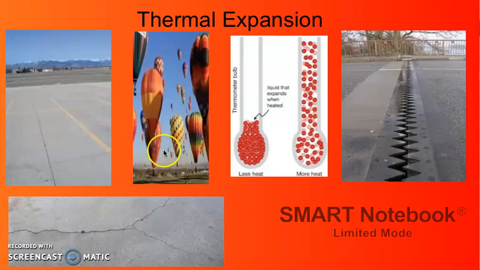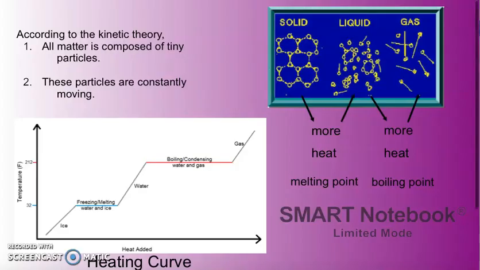So before the fire is lit and before the hot air is added to the balloon, it is more dense, but it is less dense whenever you add heat to it. And what that does is all the air around it suddenly becomes more dense than the air inside, so that makes it rise. Well, I hope you've learned a little bit about thermal expansion and a little bit about heating curves.